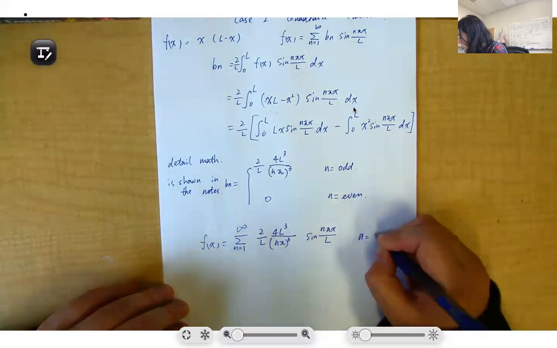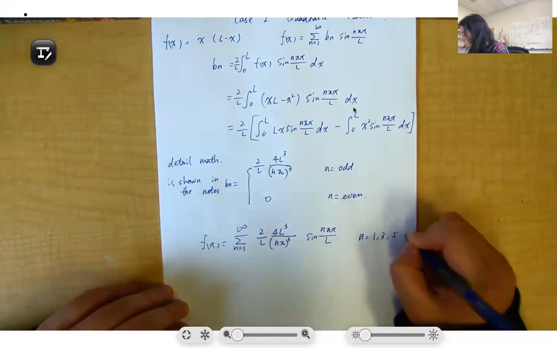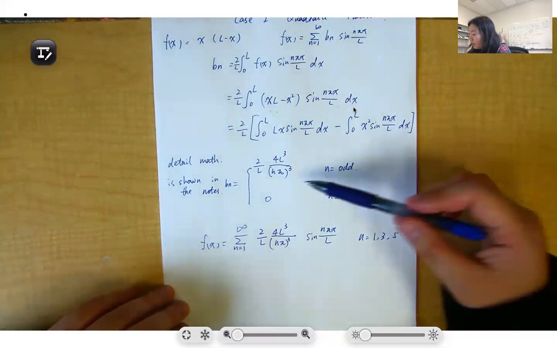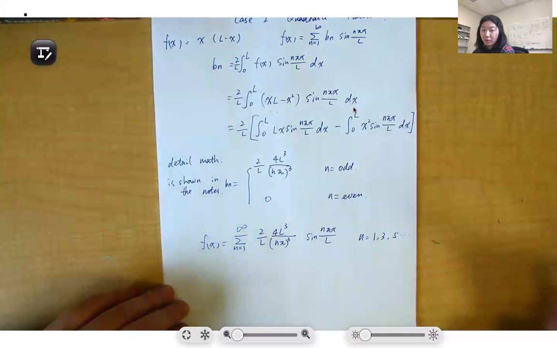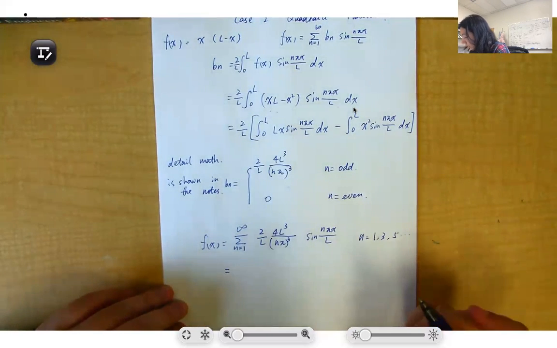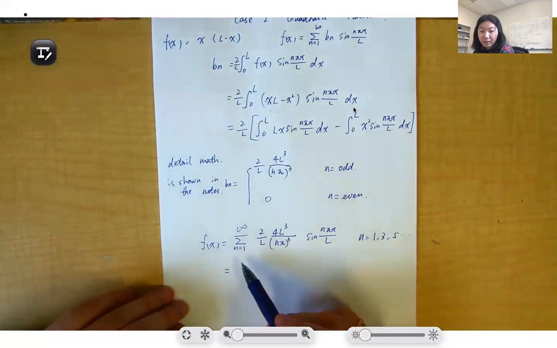With n equal to 1, 3, 5 until infinity, because only when n is an odd number does the Bn have a non-zero solution. So in the end, let's make all the constants outside the sum.